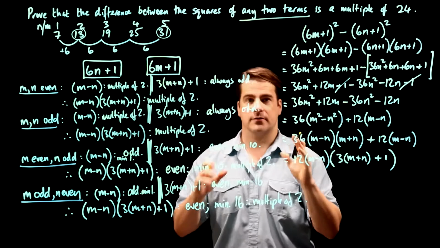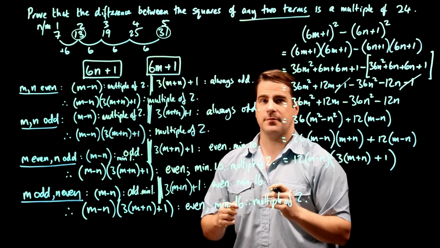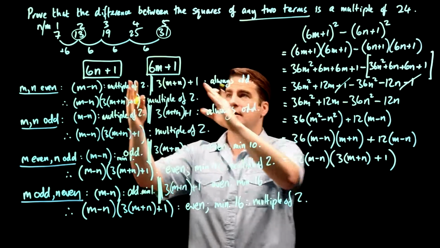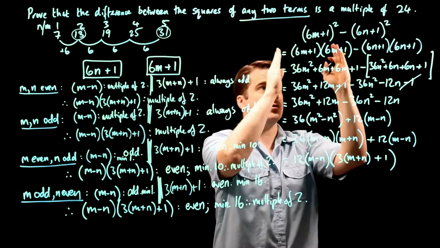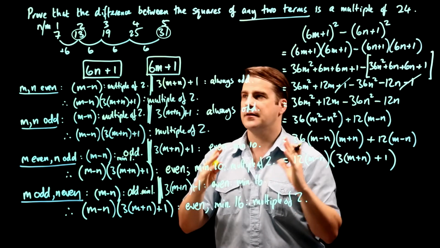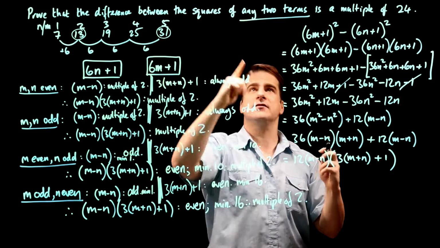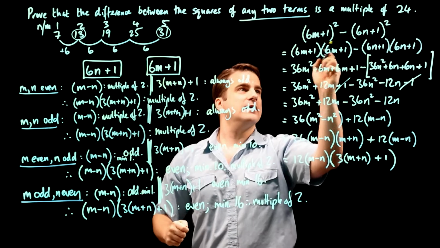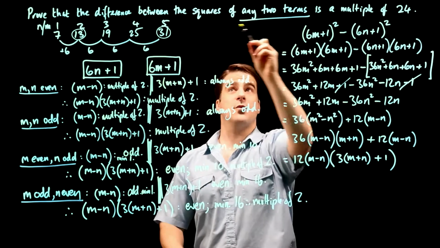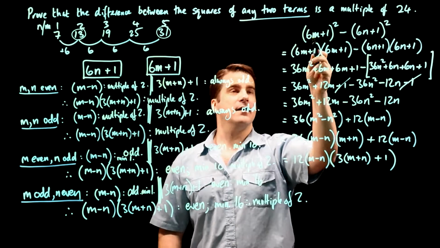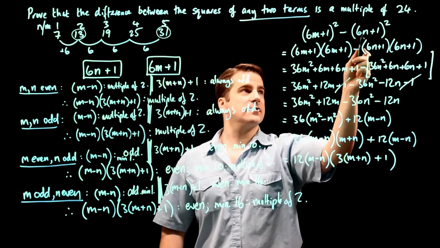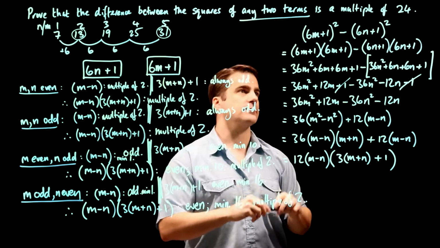Next, you need to convert the sentence into maths. The difference between the squares of any 2 terms: you square them, the difference means subtract, and this one is bigger, so you subtract the smaller one from the bigger one.